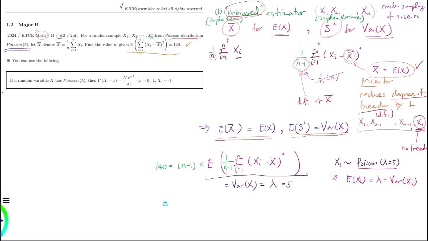You need to solve the equation n minus 1 times 5 equals 140 to find the sample size, small n, here.